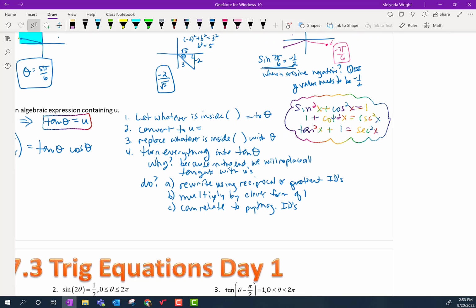I've got tangent squared plus 1 equals secant squared. What would happen if I square rooted both sides? Can you square root both sides of an equation? Yes? What's the square root of secant squared? Secant. So secant is going to be, let me get some room over here.